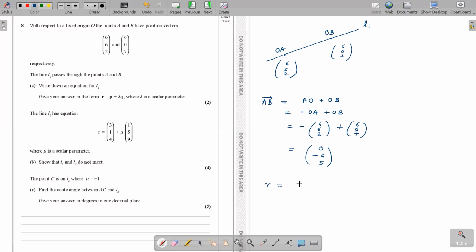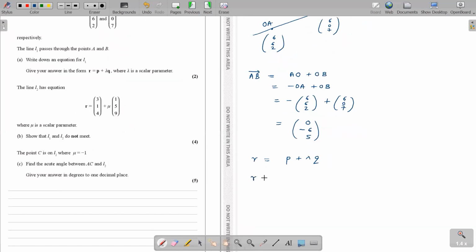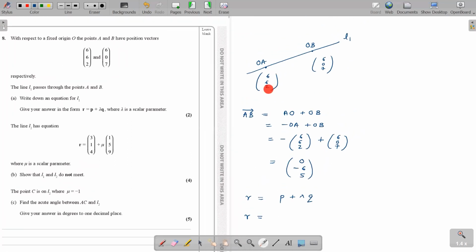So r equals p plus lambda q, or r equals a plus lambda b. Here definitely the first one represents a position vector on your line, while the other one is a direction vector on your line. For this P, the position vector on the line, you could use either A or B, any one of these two is perfectly okay.